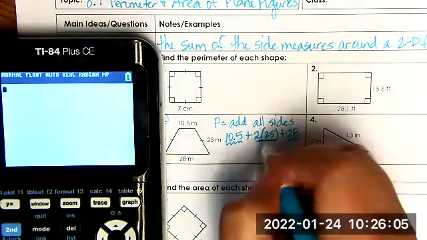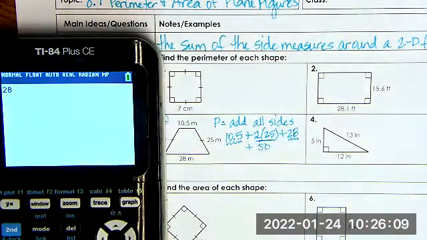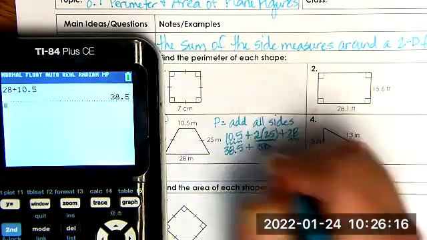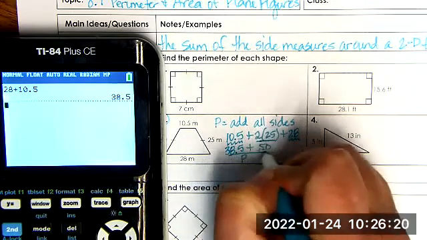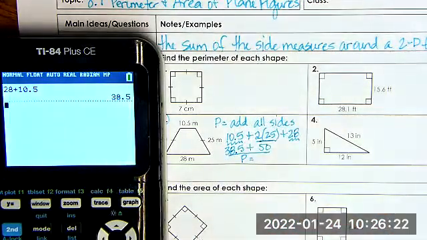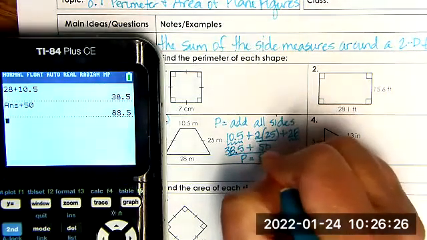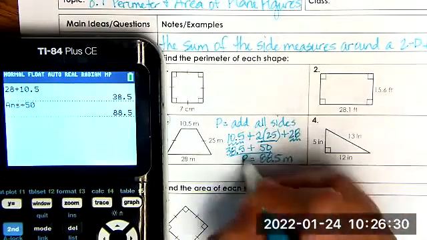We've got 2 times 25, that's obviously 50, plus we have 28 plus the 10.5, which is going to be 38.5. And then we add those two together, and we get the perimeter is 88.5. Now we can't forget the units, meters.